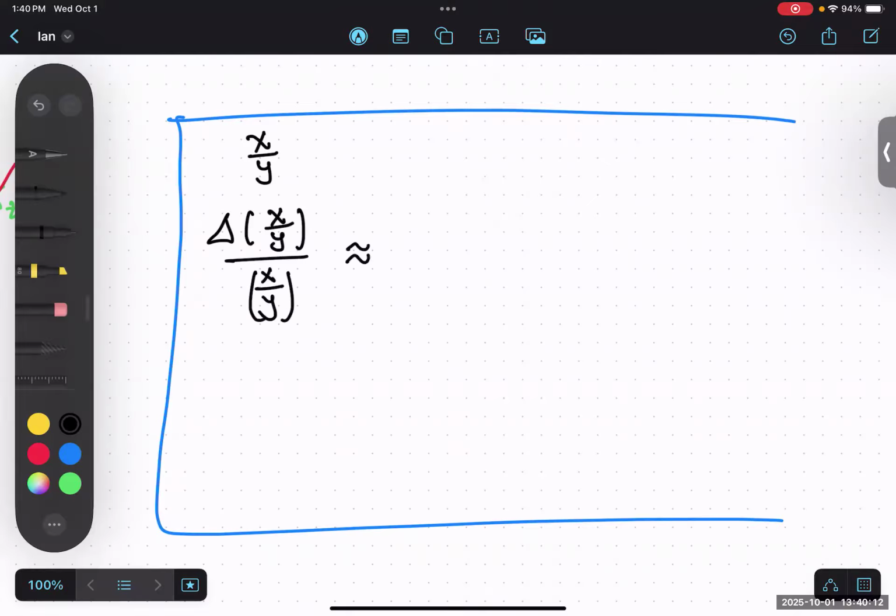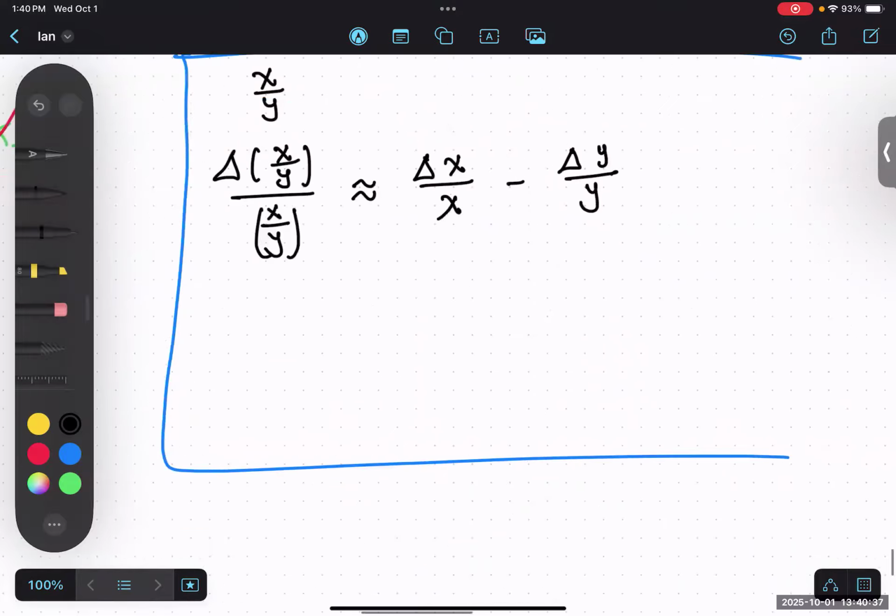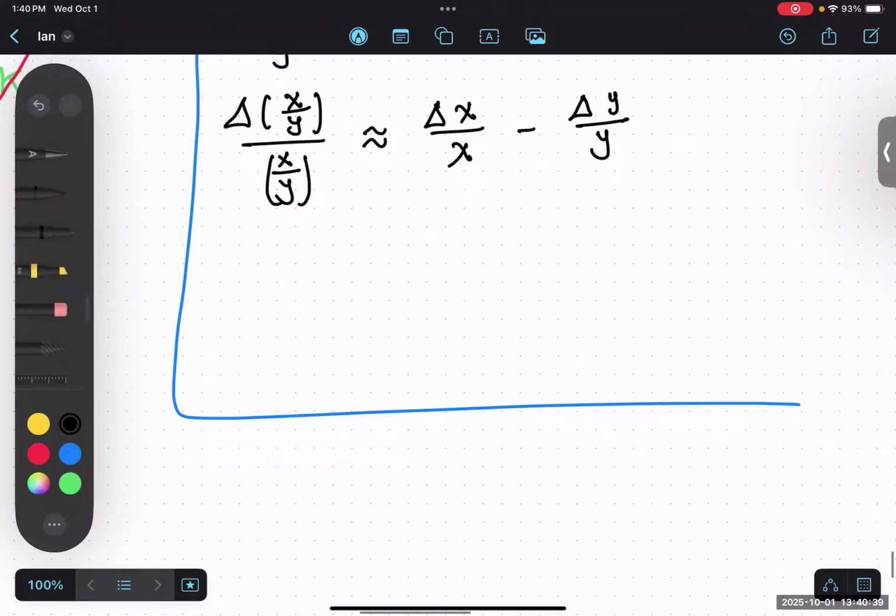The approximation suggests that this growth rate will be something like the growth rate of the variable in the numerator minus the growth rate of the variable in the denominator. So we will use this property, but in the context of the Solow model.